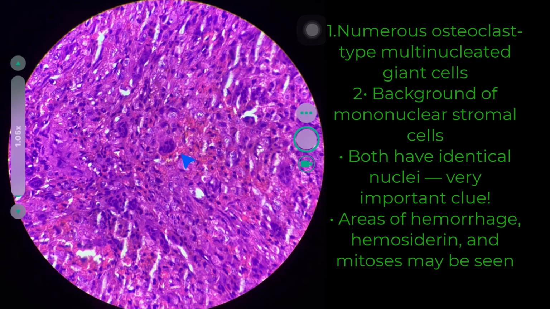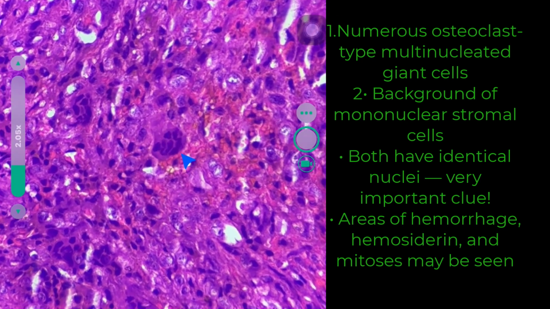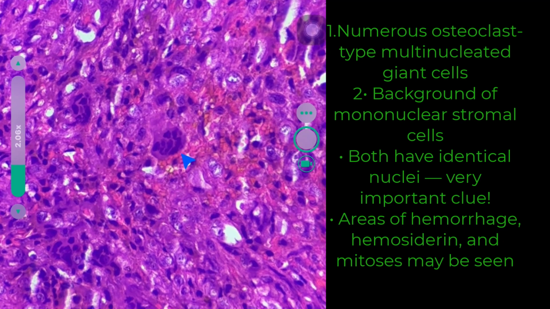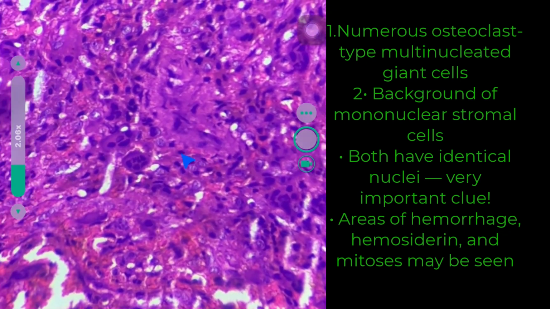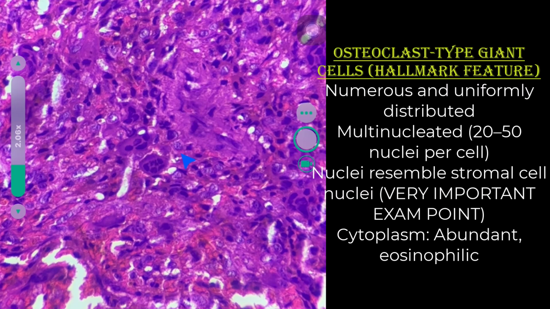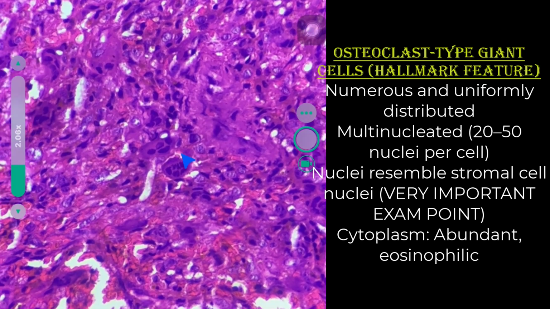Nuclei resemble stromal cell nuclei, a very important point for exam, and the cytoplasm is abundant and eosinophilic. So, the diagnostic clue is nuclear similarity between stromal cells and giant cells. Now, giant cells are evenly dispersed throughout the tumor, not clustered around hemorrhage, and this is the differential point from other lesions.